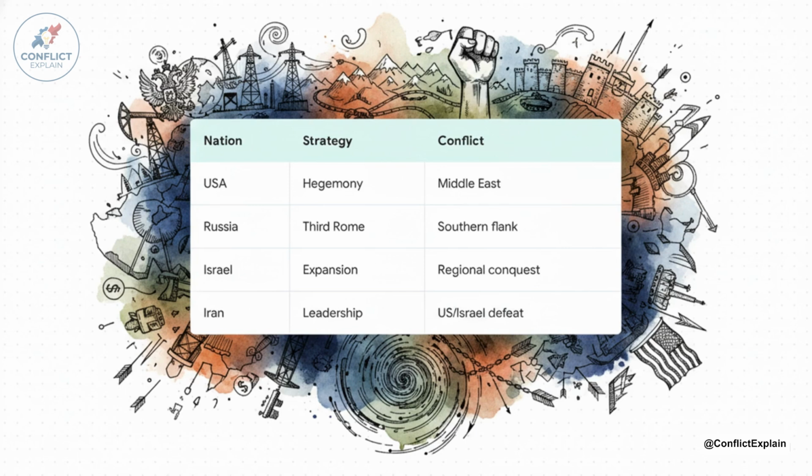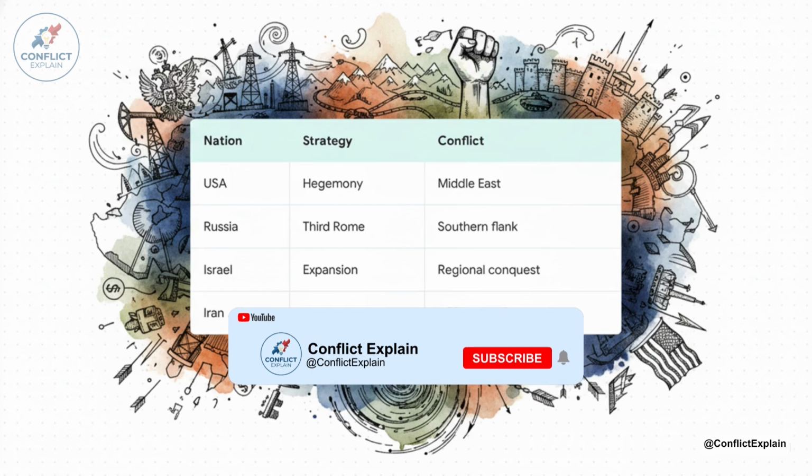Russia fundamentally needs a secure southern flank and Eurasian integration to protect its king. Israel's strategy requires massive regional territorial conquest, and Iran's strategy requires the complete expulsion of the U.S. and Israel from that exact same region. Mathematically and strategically, these four maximalist strategies absolutely cannot coexist. Achieving the victory condition of one literally means destroying the core objectives of all the others.